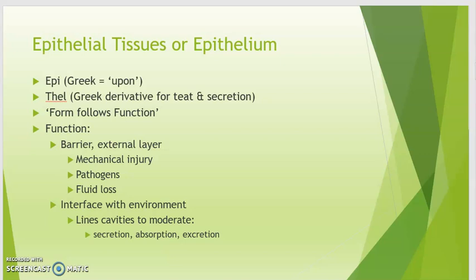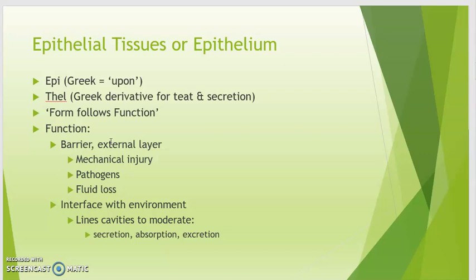That's the function. This epithelial tissue is covering an organ that is probably involved with secretion. The function of that covering is to act as a barrier or an external layer over that organ in order to prevent mechanical injury, pathogens and their injury, fluid loss, and dehydration.